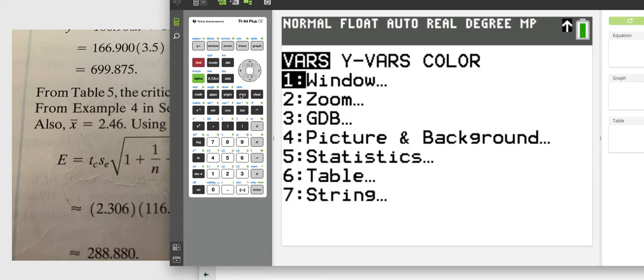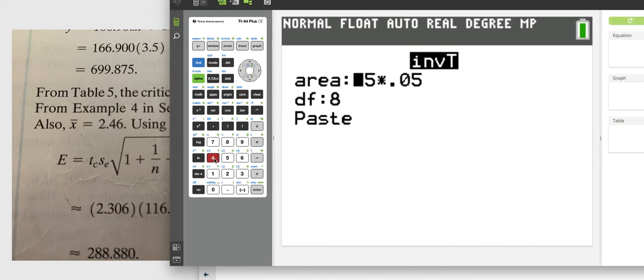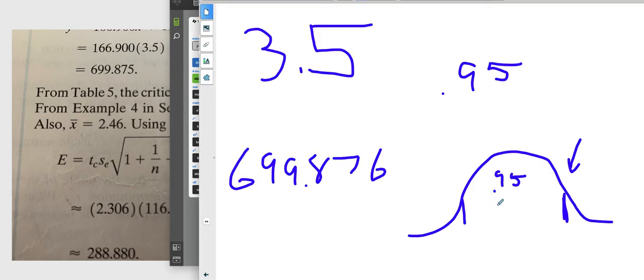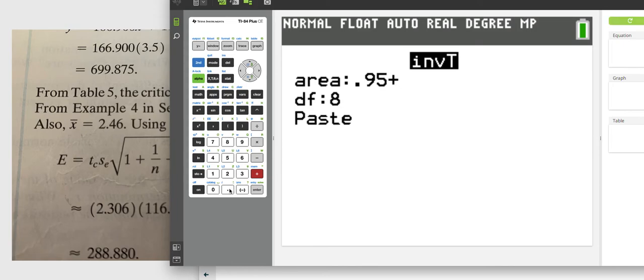Nope. Second vars, distribute, number 4. Okay, so I want 0.95 plus this little bit right here. What is that little bit? That little bit is half of 1 minus 0.95. There's other ways to calculate this, right?